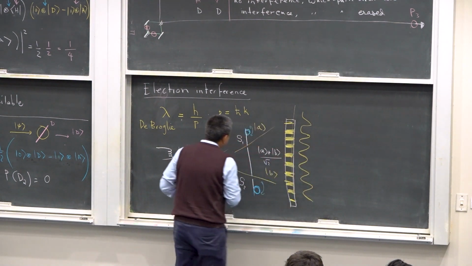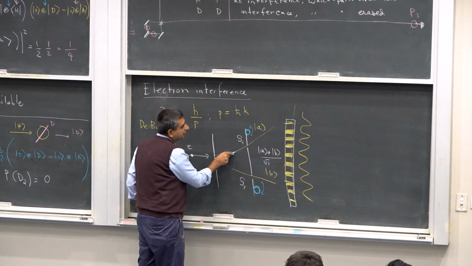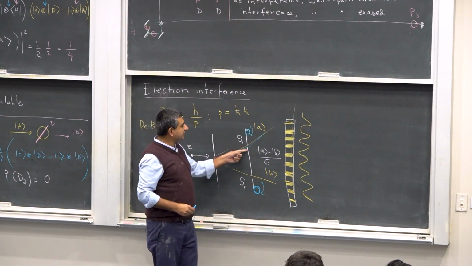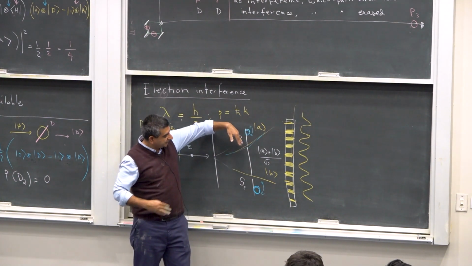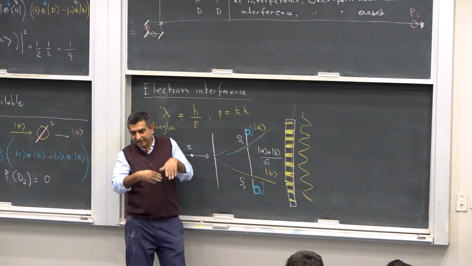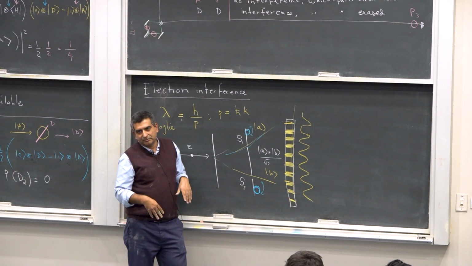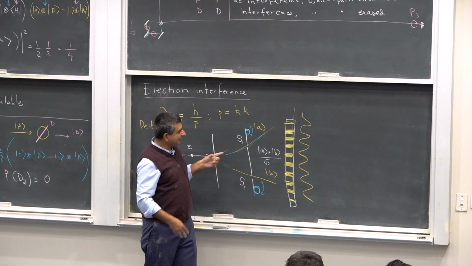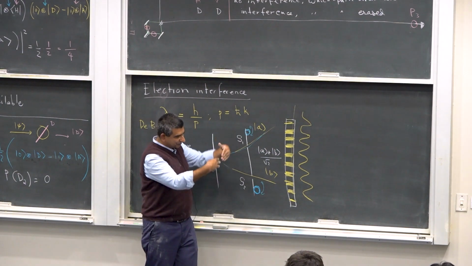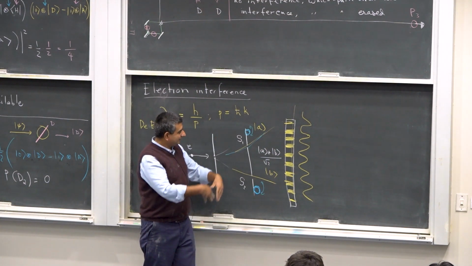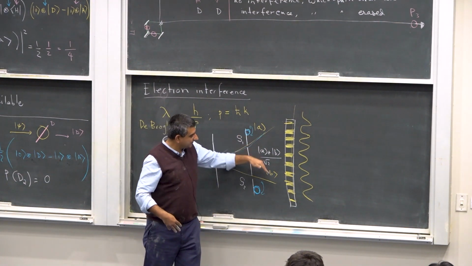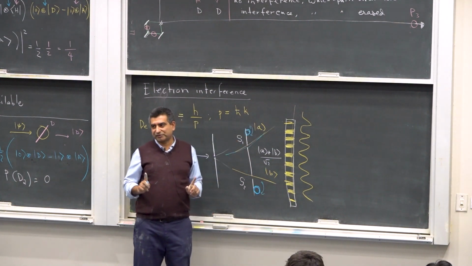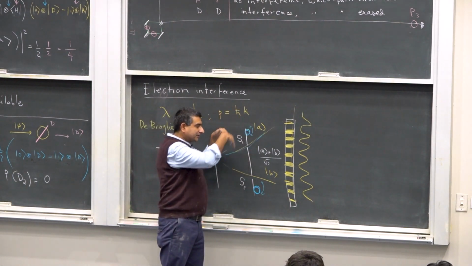If an electron comes onto this path and goes up, it transfers some of its momentum to the screen, and the screen gets a kick and moves down. If the screen goes down, the electron has gone up because of conservation of momentum. If the screen goes up, the electron has gone down.